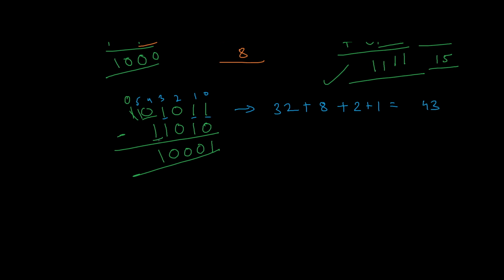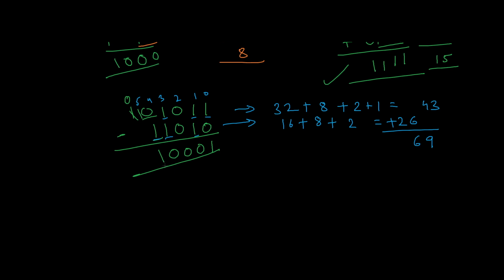This is 2 to the 4th times 1, so that is 16. This is 2 to the 3rd times 1, so that is 8. This is 2 to the 1 times 1, so that is 2, and that is equal to 26. And if I add 43 and 26, I do get 69. Is that correct?